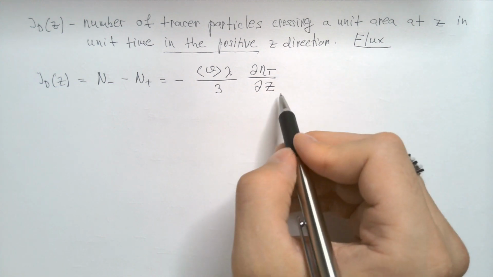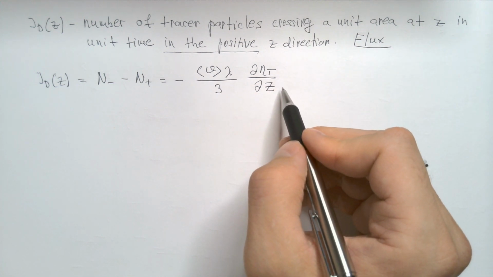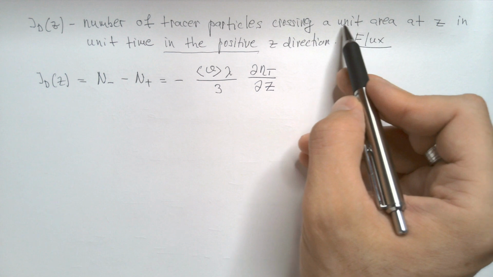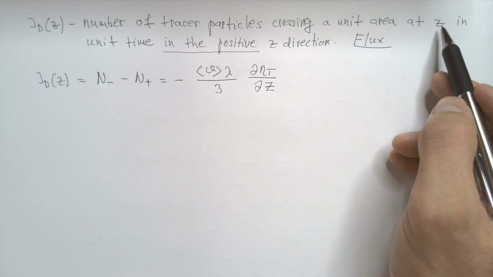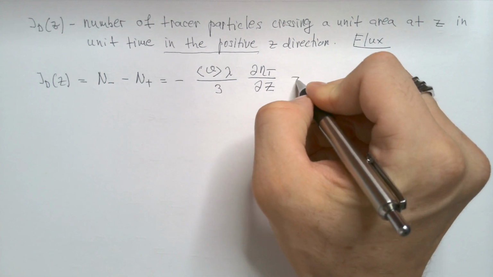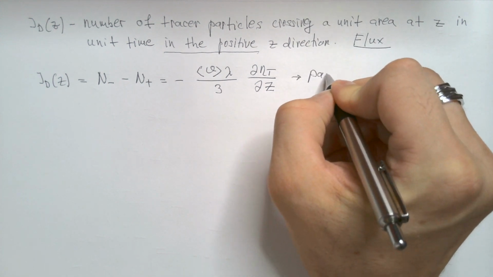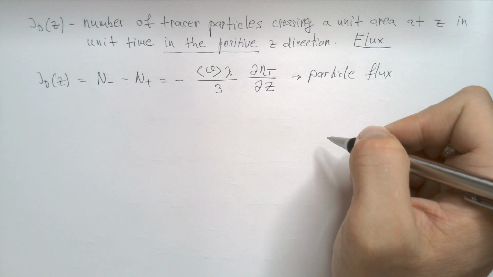And now this is not evaluated at z equals 0 as before because I am defining this quantity for an arbitrary plane at some height z. And this is known, as I said, as particle flux or particle current.